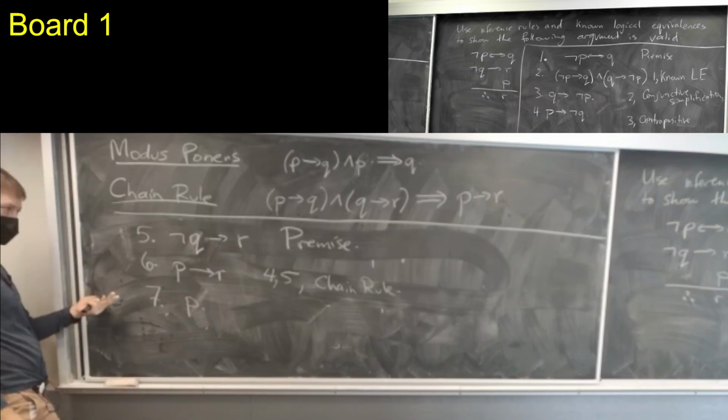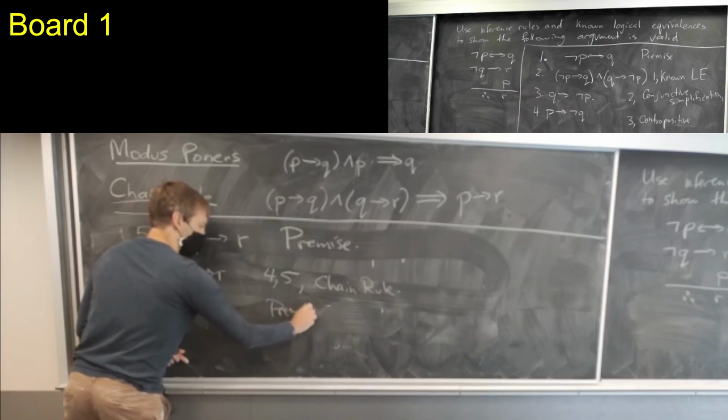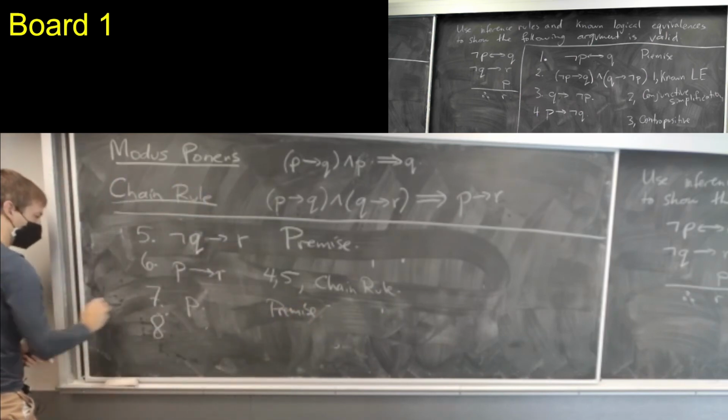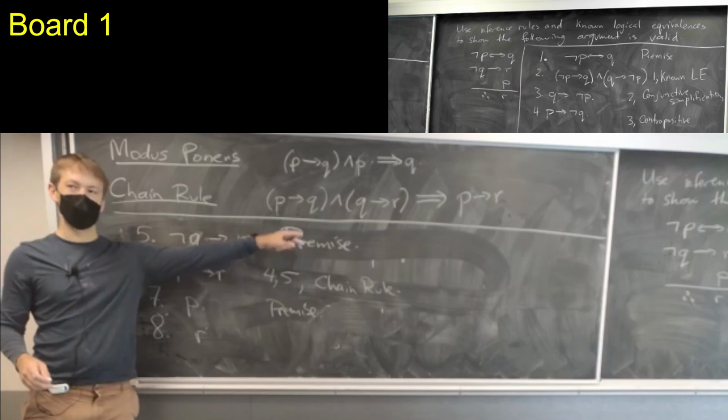Okay, another boring line. I just write P, premise, and then 8 is where things get exciting because I can write R. And what's my reason? Line 6. I'll throw in line 7 as well. And we want to always say something in words as well.